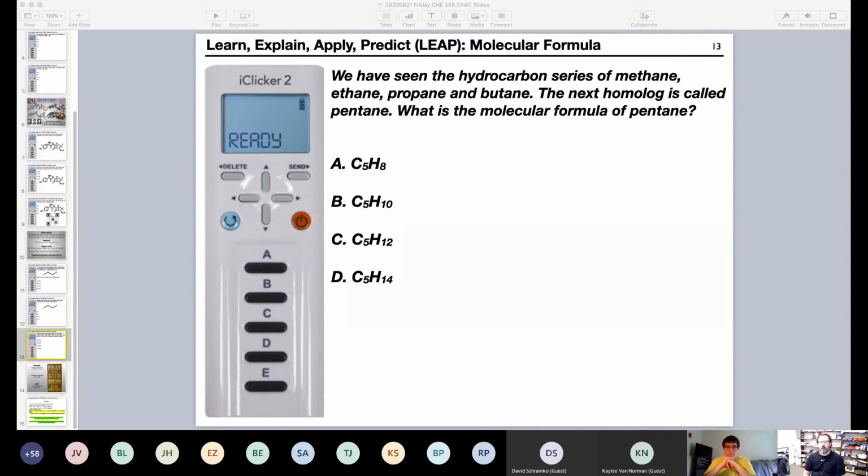And the unsaturation can belong to either a ring or a pi bond. So if the molecular formula C5H10 is not saturated, we know it has one degree of unsaturation. DOU, that's degree of unsaturation.